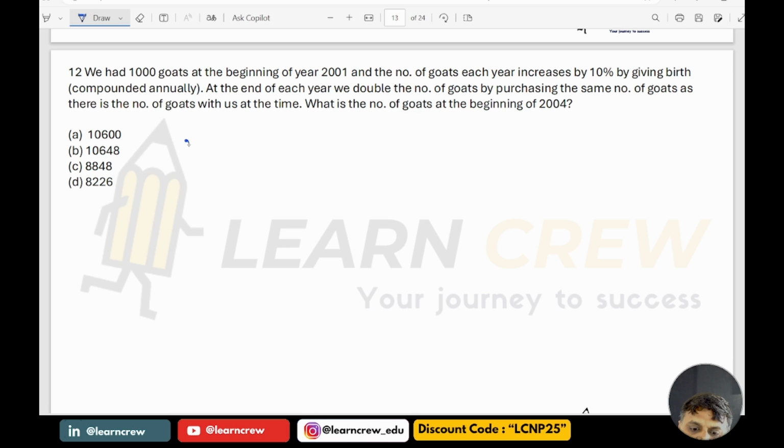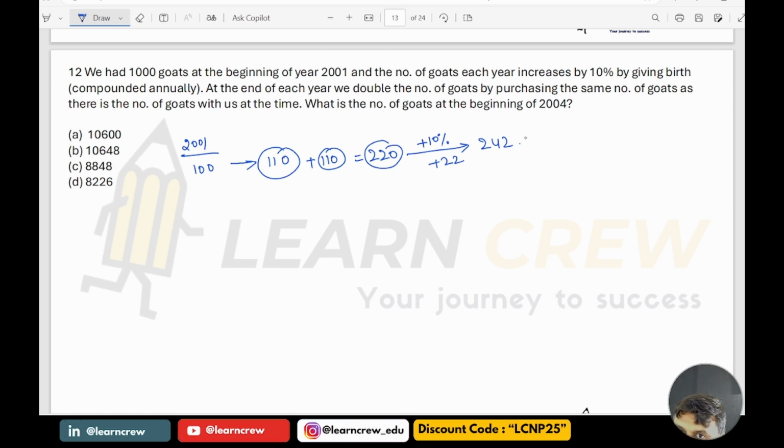So please see here. 2001, if there are 100 goats, it is increased by how much? 10%. So it becomes 110. Now we are adding the same number, so it becomes 220. Now it is again increased by 10%, means 22, so 242.